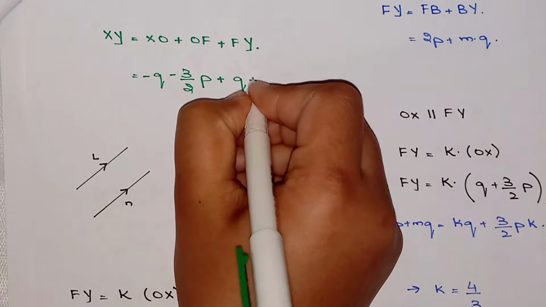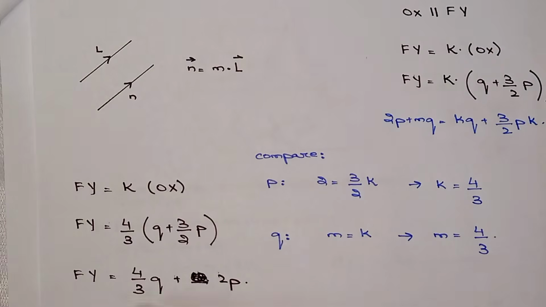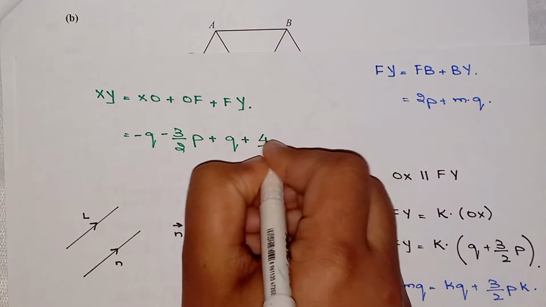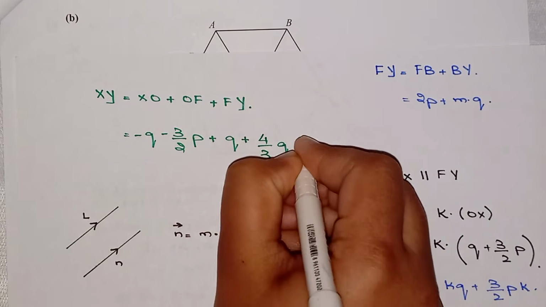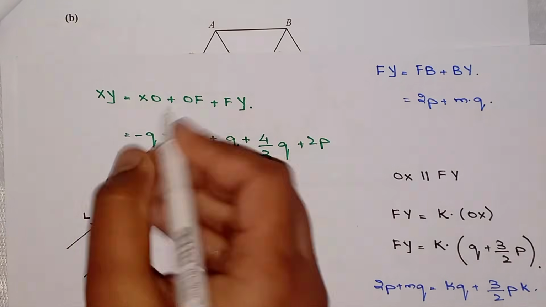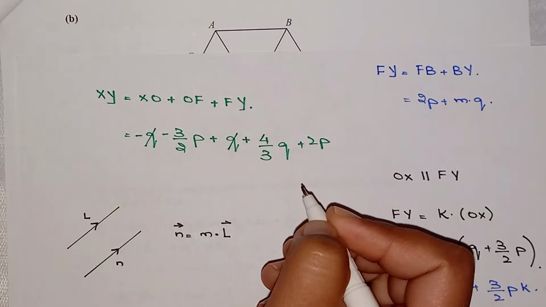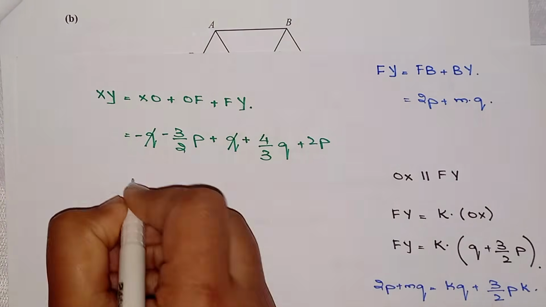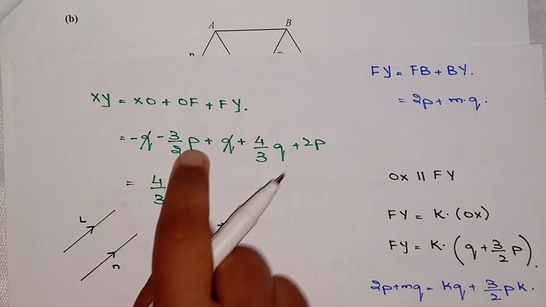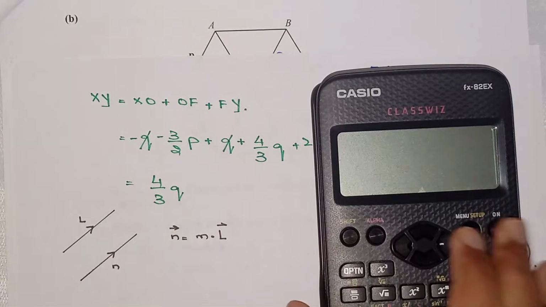Now we can easily substitute that FY over here and we can get XY. So plus FY, so FY is 4 by 3 Q plus 2P. Okay, so we have negative Q, positive Q. We have the Q expression as 4 by 3 Q and the P would be 2 minus 3 by 2.